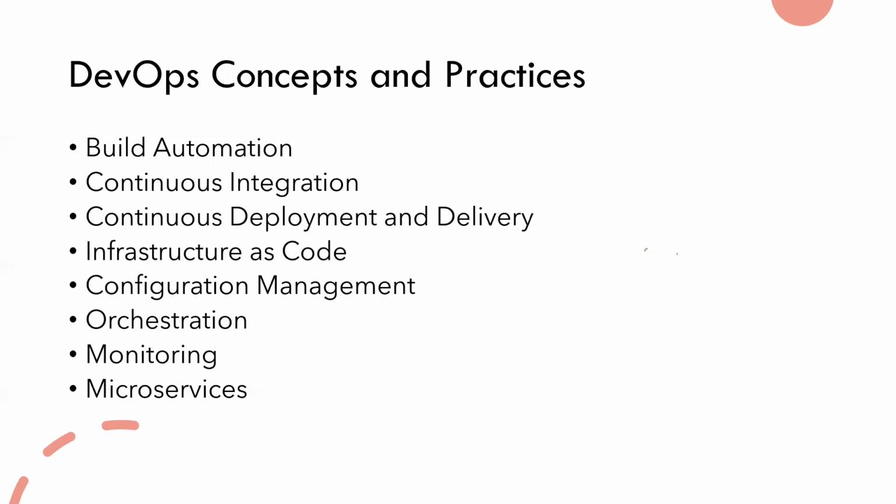Now configuration management. Infrastructure is what servers are there, but with the help of configuration management, once the servers and infrastructure are ready, it will install the applications or dependencies on them.